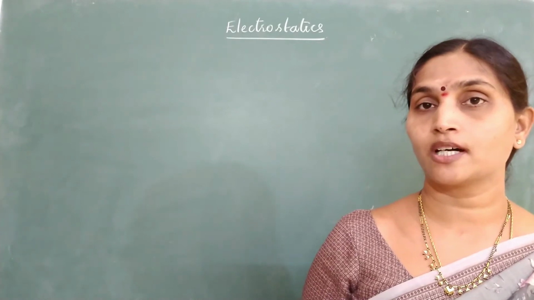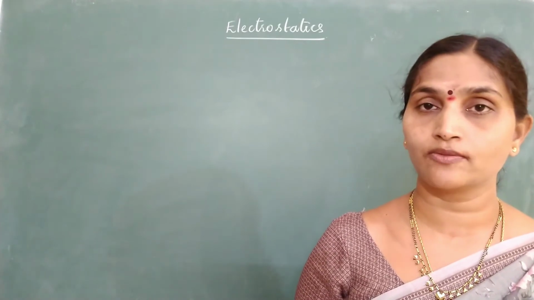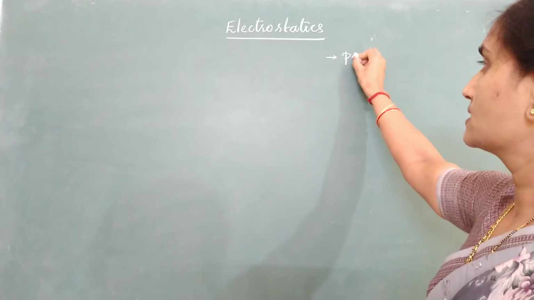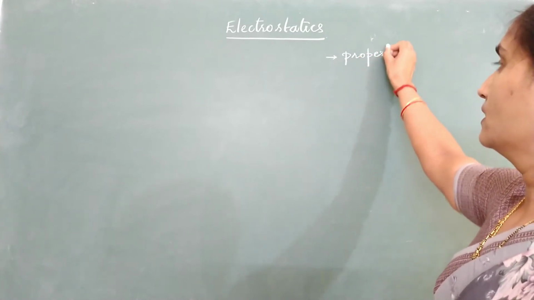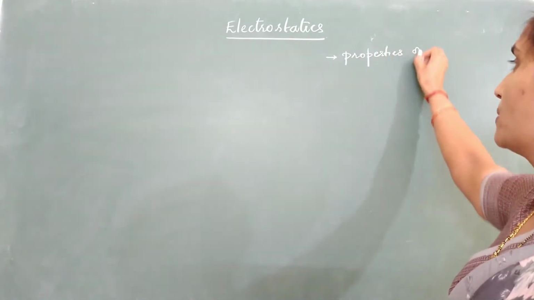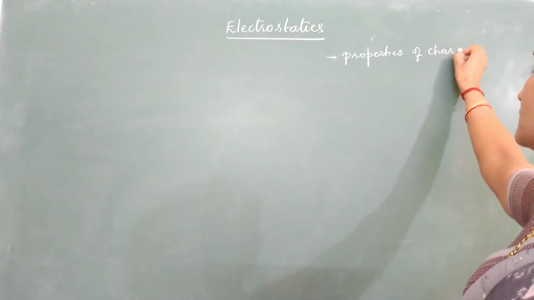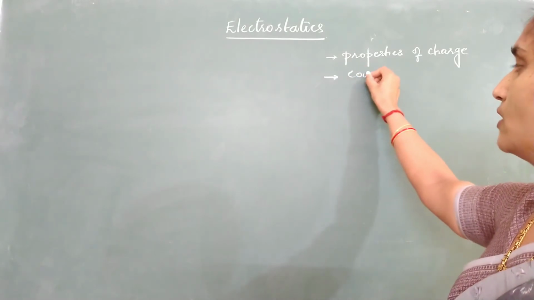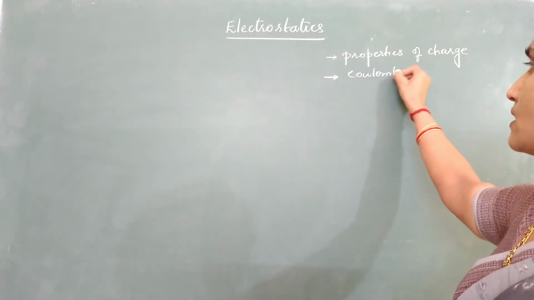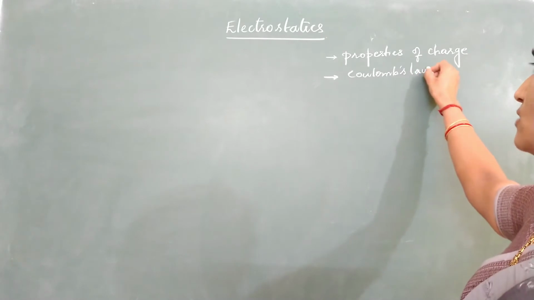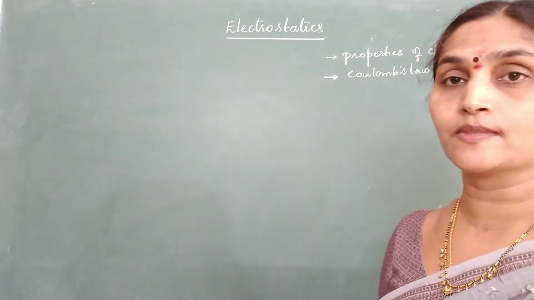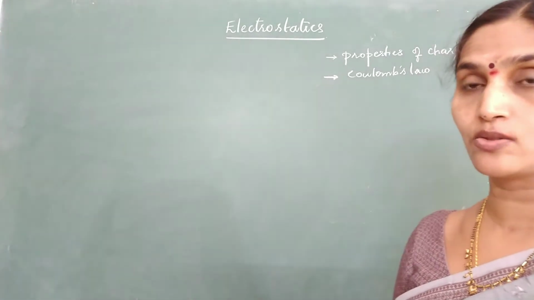What all concepts are important from a numerical point of view? In this chapter we may get questions related to basic properties of charge. Then coming to Coulomb's law, questions related to applications of Coulomb's law between 2 point charges, 3 point charges, two pendulums, angle made by the pendulum with the vertical, and so on.